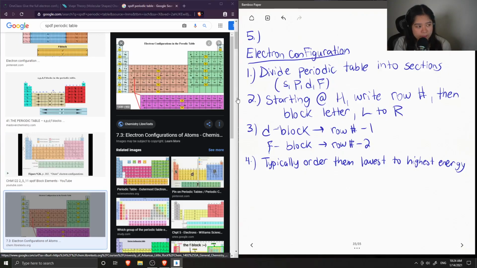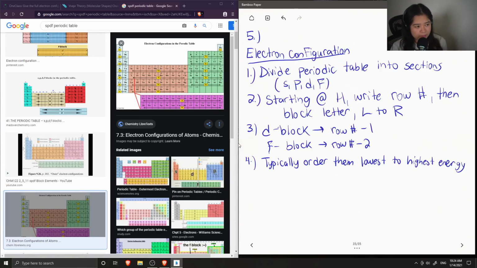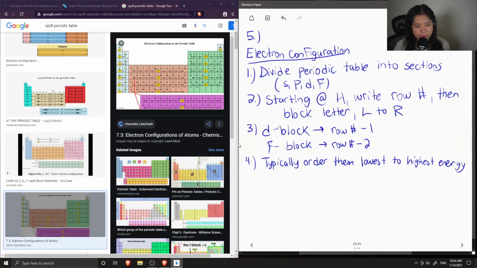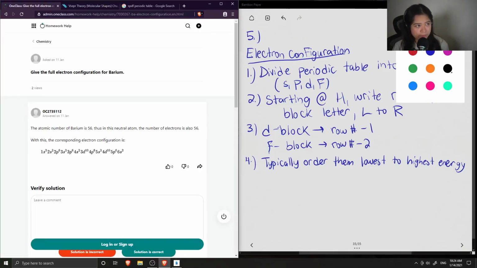If we were to go 4s and then 3d, sometimes it makes more sense to write your 3d electrons before your 4s2 electrons, because realistically, d orbitals that are half filled are more stable than a filled s orbital. So let me just write out our example, which I believe was barium.